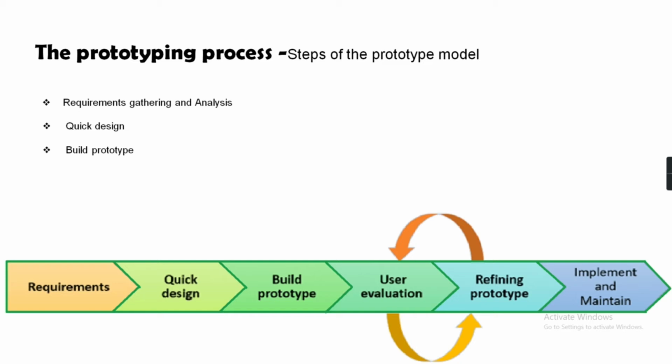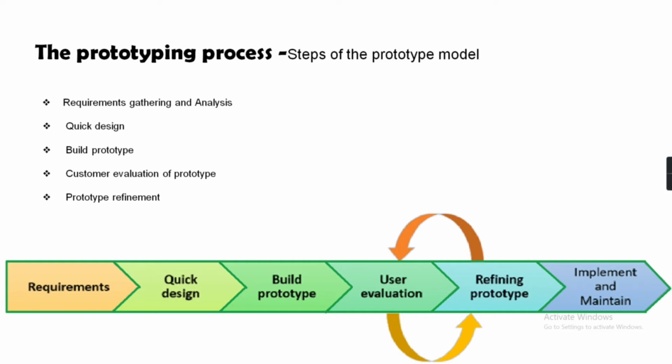Third, build prototype. Information gathering from quick design is modified to form a prototype. It represents a rough design of the required system. Fourth, customer evaluation of prototype. The build-up prototype is presented to the customer for their evaluation. Lastly, prototype refinement.